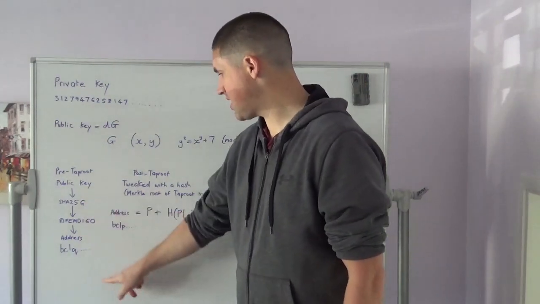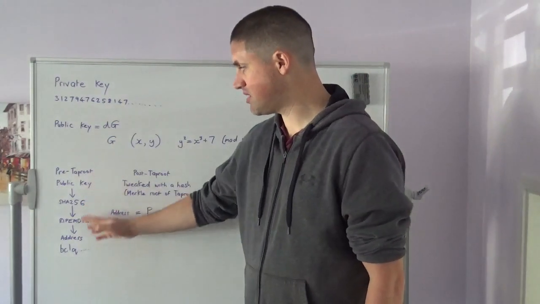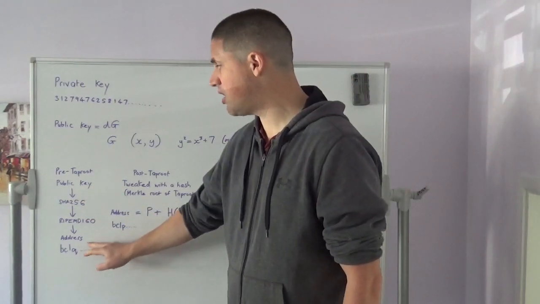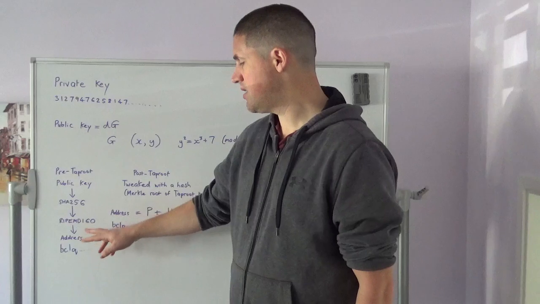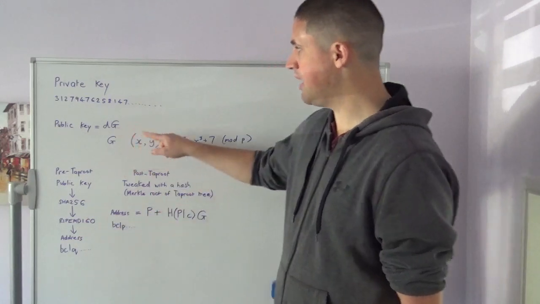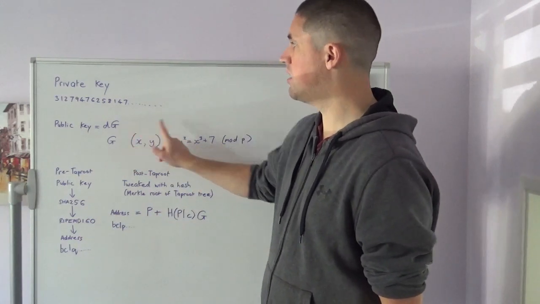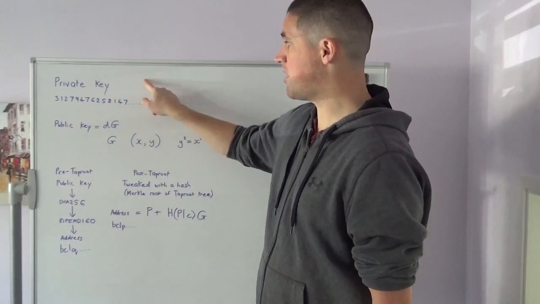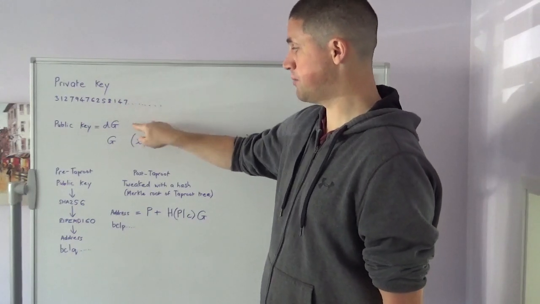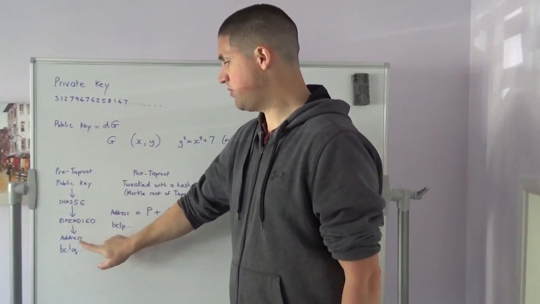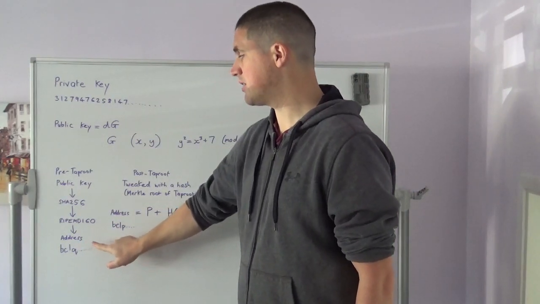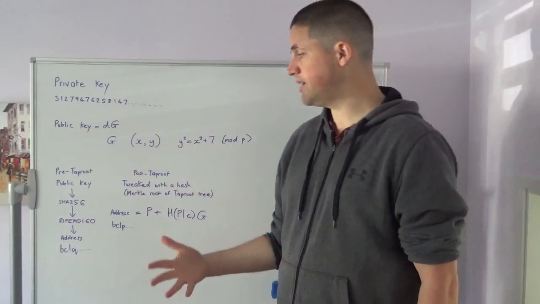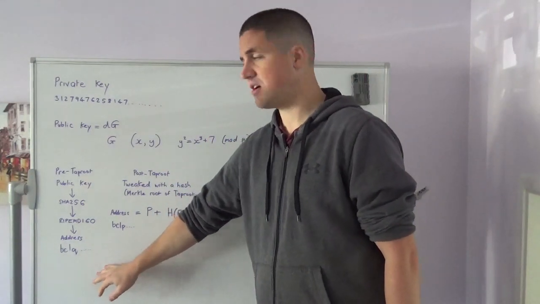So that's pre-Taproot. And because the hash functions are also one way, if you know the address, you can't go back to the public key. In a similar way that if you have knowledge of the public key, you can't go back to the private key. You can calculate the public key from the private key, but you can't calculate the private key from the public key. Similarly, if you have knowledge of the address, you can't calculate the public key from that address. You have to wait for the public key to be revealed when money is spent from that address.